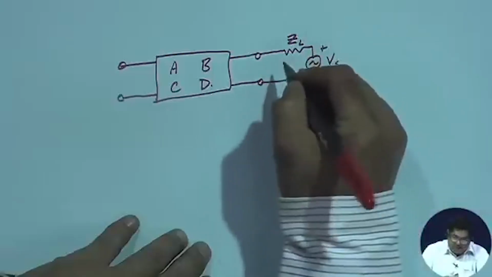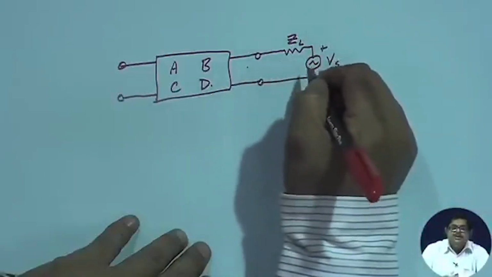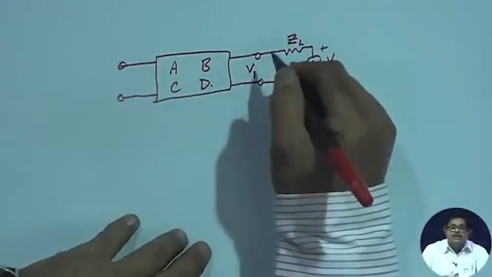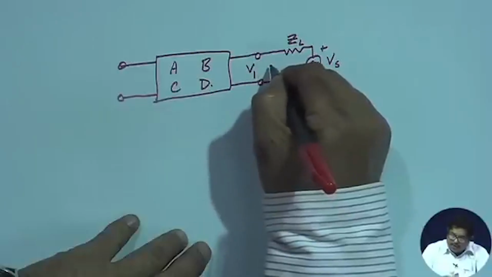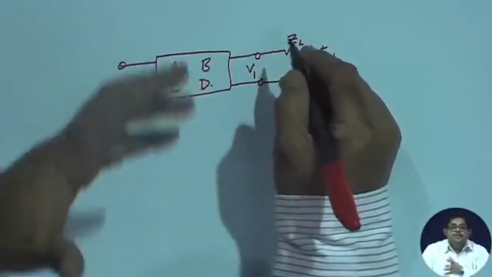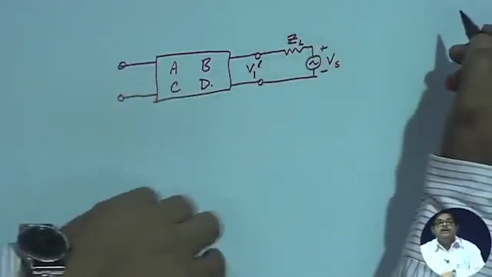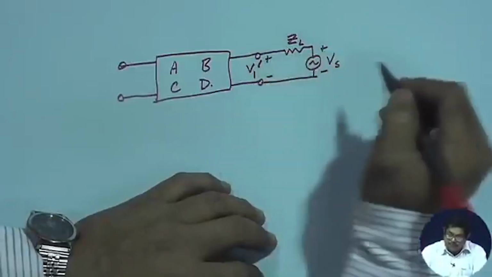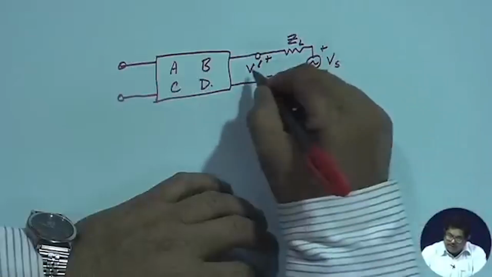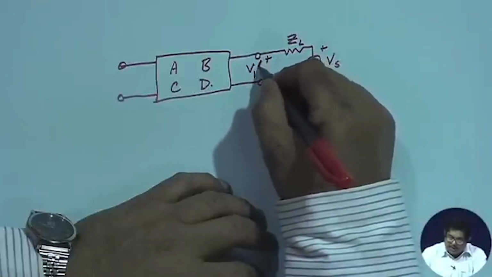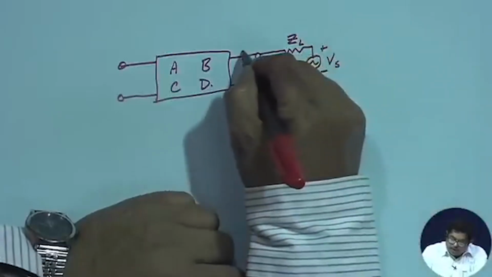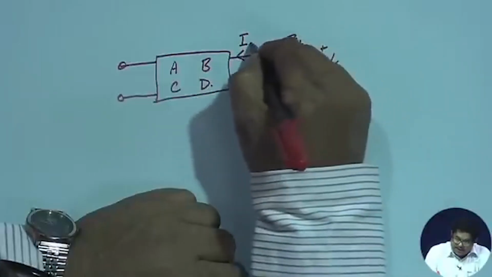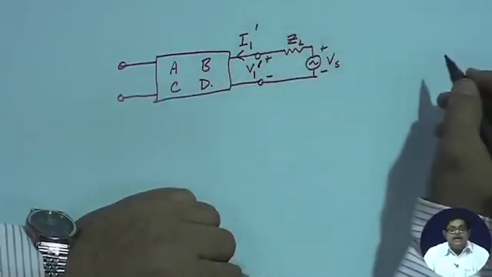Since we generally call port 1 the excitation port, I can call this port voltage V1, but to avoid confusion I will call it V1 dashed. This is my V1 dashed port voltage in this new scenario, because Vs is connected here. Also the current enters from the excitation port, so I will call it I1 dashed.